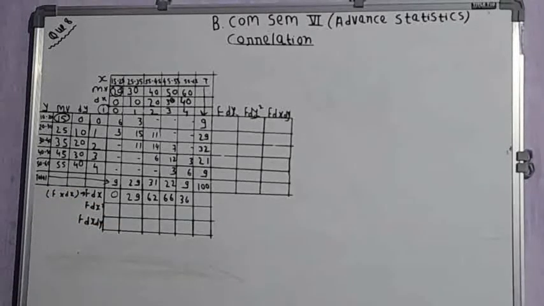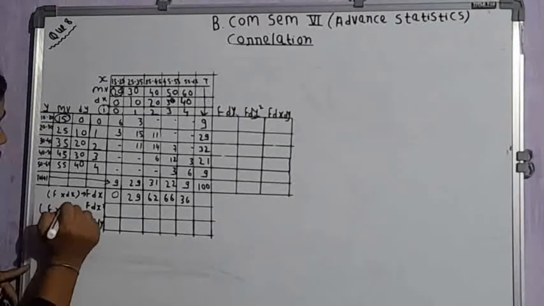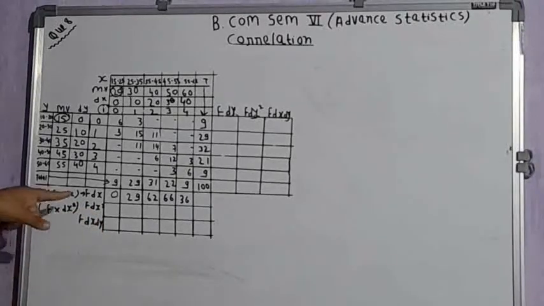Then what we have to do? We have to calculate f dx square, the values to be put under the f dx square column. So here f dx square refers to f into dx square. You cannot put the square of f dx directly. Like in earlier problems, when we had to find dx square, we used to do dx into dx.